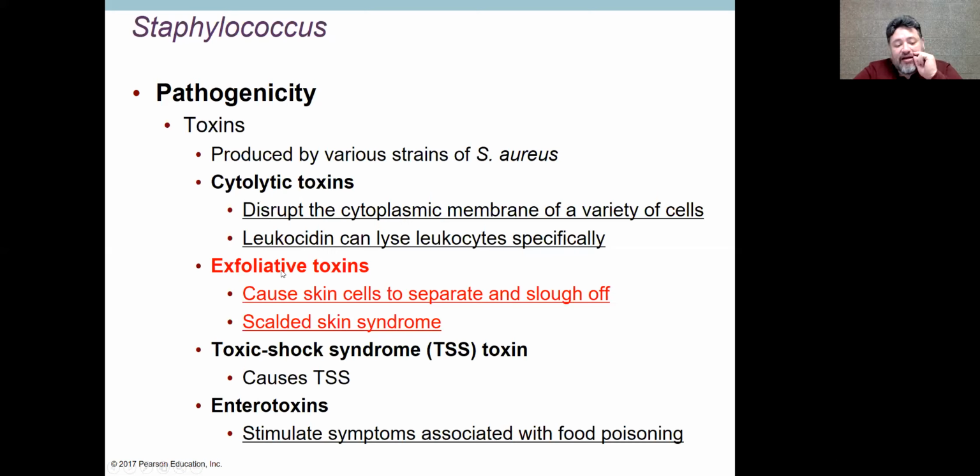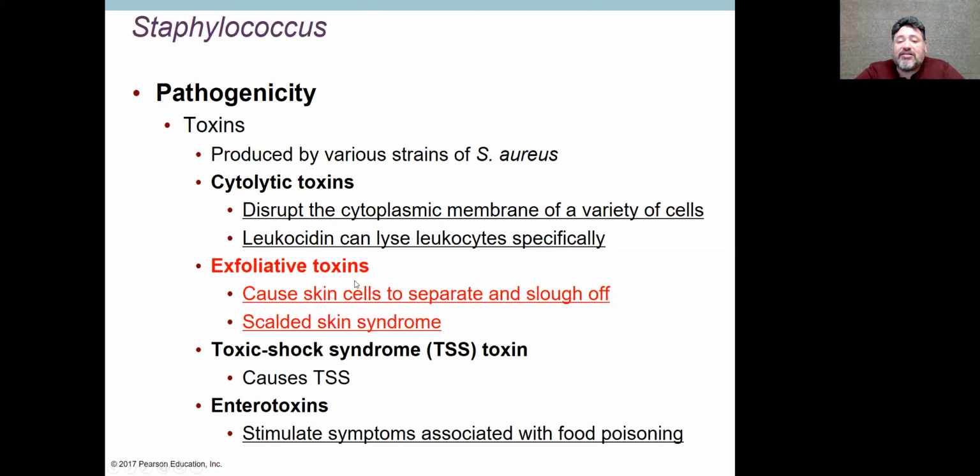Then we have this stuff called exfoliative toxins. If you have taken anatomy and physiology, hopefully you remember that we have cells next to each other. There's two ways to hold cells together. One is called cell junctions, which are little proteins that go across. And then you have these really thick proteins that hold tissues together very, very well. Those are called desmosomes.